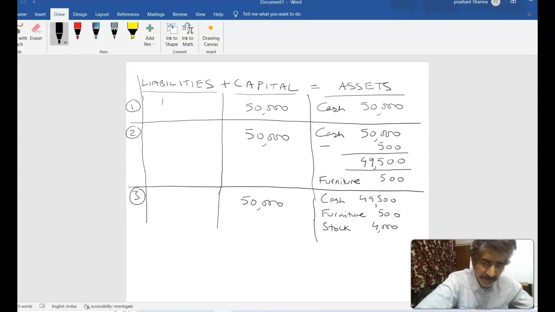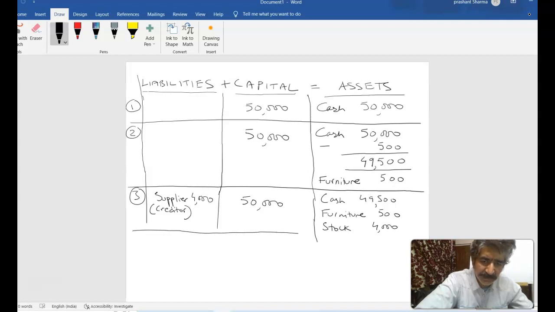Hence, we will mention supplier or the word creditor we can write. Supplier from whom we have purchased, and I'm mentioning in the brackets creditor. Creditor is the person from whom we buy goods on credit. So 4,000 I have to show under the liabilities side.